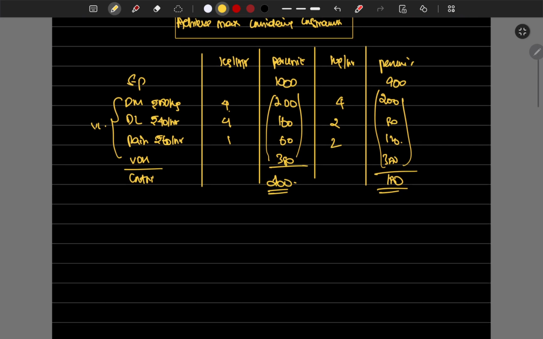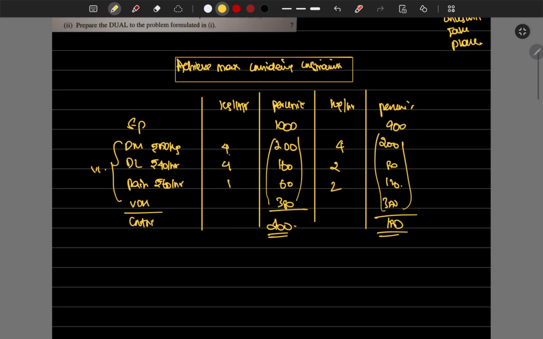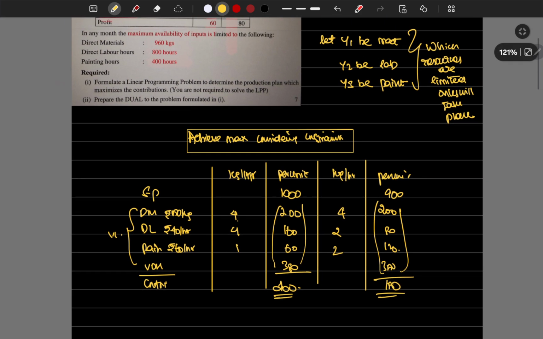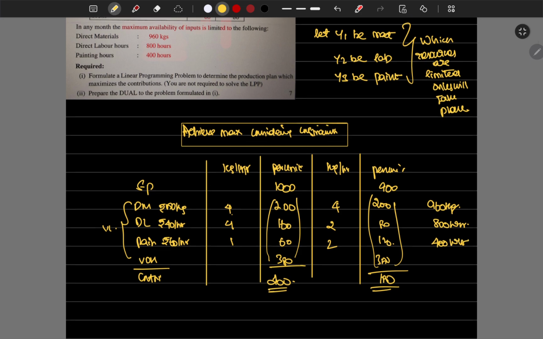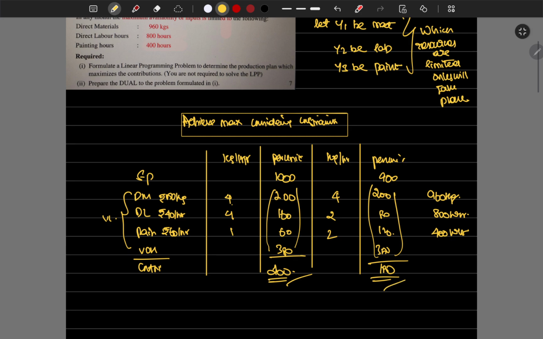We have found the per unit requirements and the contribution. The thing is, we have limited materials: 960 kgs of direct material, 800 hours of labor, and 400 painting hours as constraints, and the contribution we can earn is 200 and 150.